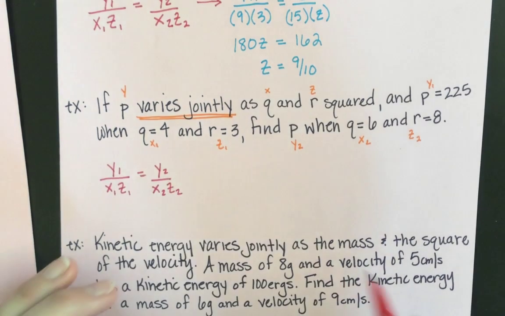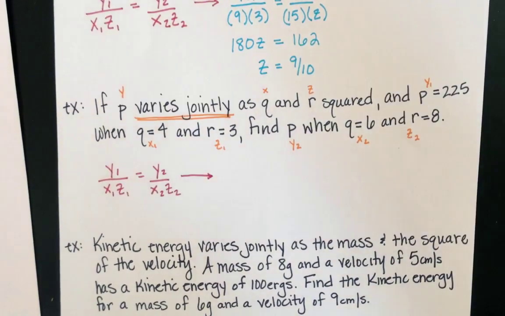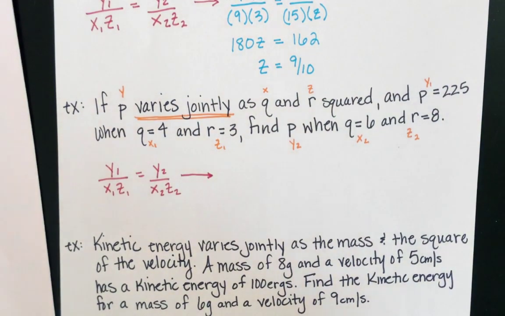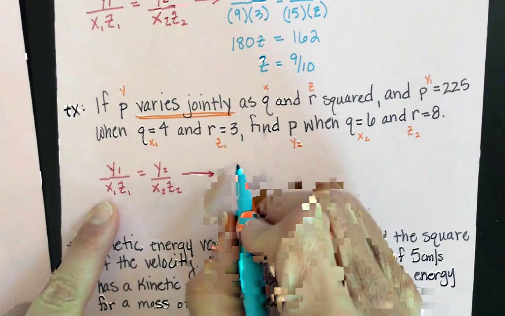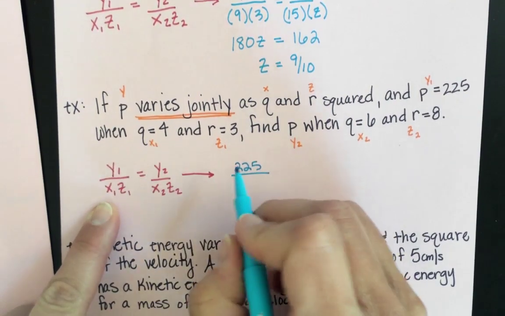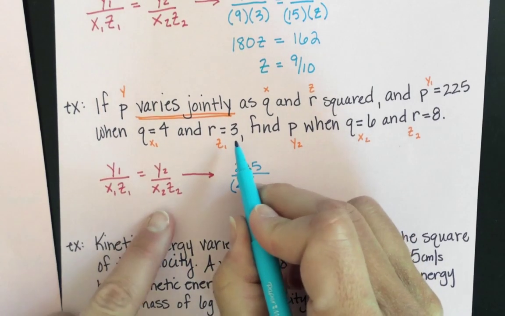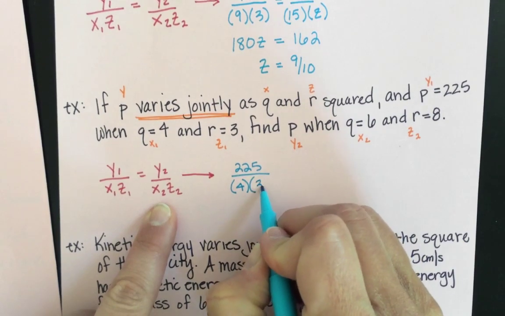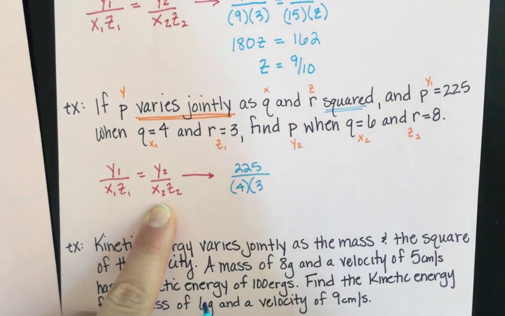And I know some of you probably don't want to write the formula out every time. That's fine. I know every time I write it out, that's how I have it memorized so that I don't have to worry about what I'm doing. Y1 is 25. X1 is 4. And then it says Z1 is 3, but we want it squared.